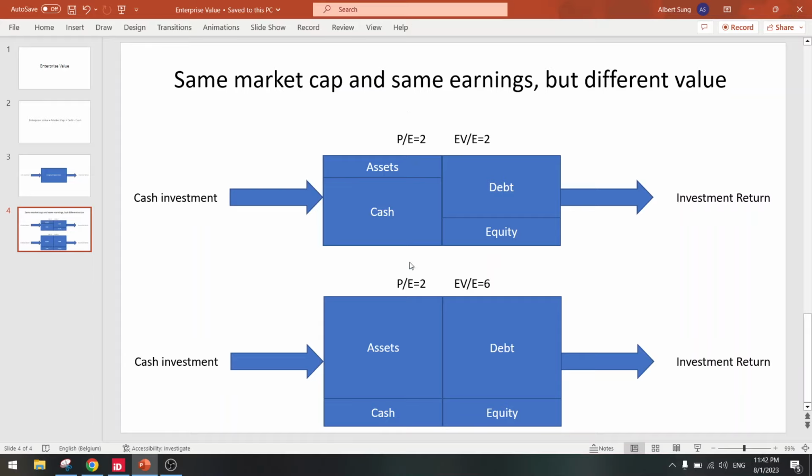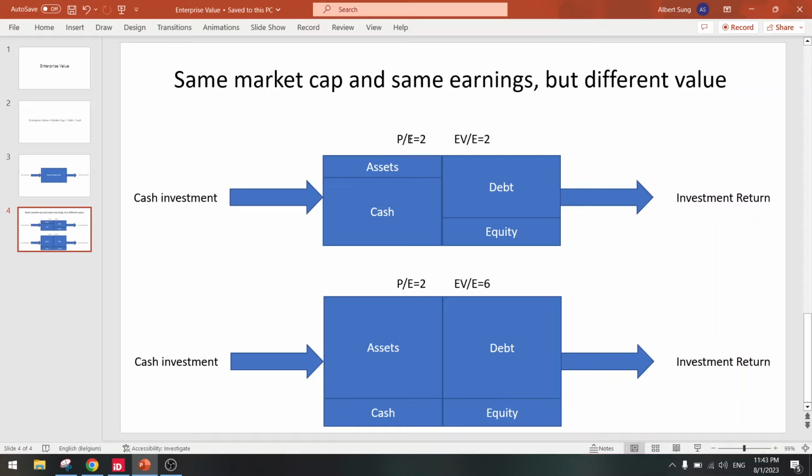PE ratio of 2, and this one also has a PE ratio of 2 because it has the same market cap, same PE, and it's having the same earnings. So both have a PE ratio of 2. So I would not be able to choose between the two if I only look at the PE ratio, right?